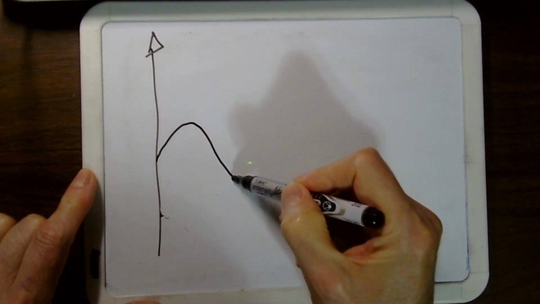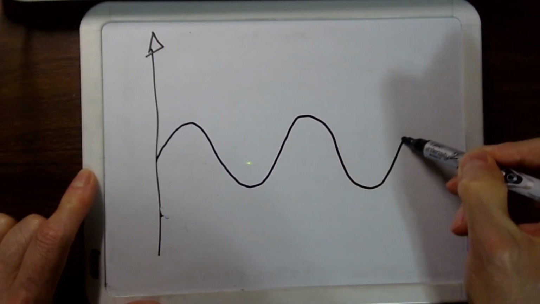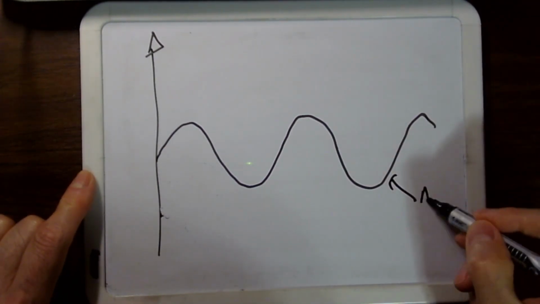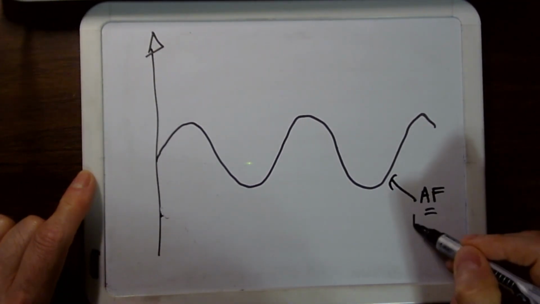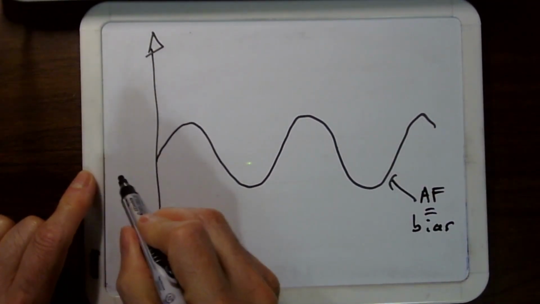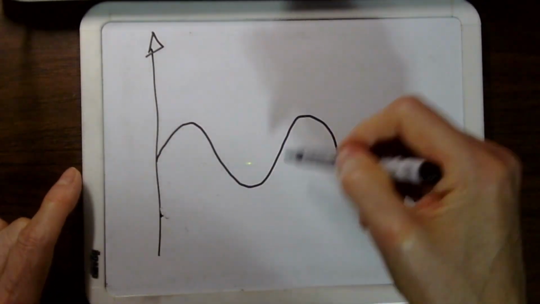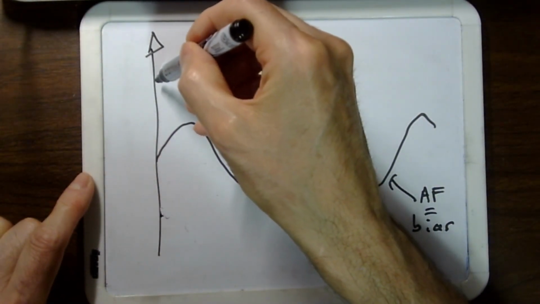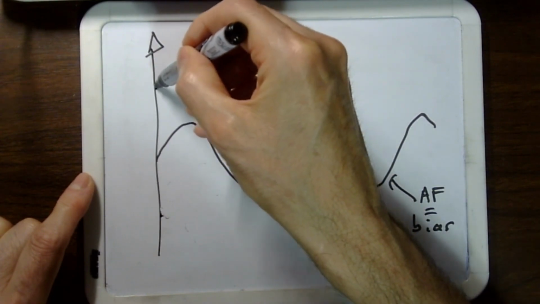So this is your audio frequency signal, and that's actually your bias. So the AF is equal to the bias. So instead of being horizontal, it's now a sine wave. And where is your radio frequency signal? It's in between.